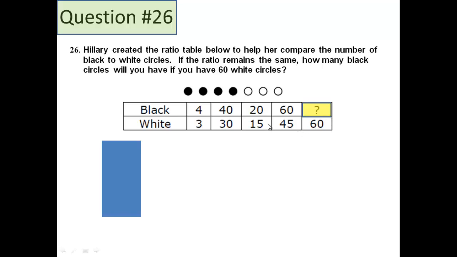And I look along the same row, and I'm thinking, how do I get from 45 to 60 without adding or subtracting? And you could do it, but that's not something you could do mentally. Now, maybe if I go back to 3, can I go from 3 to 60 mentally?